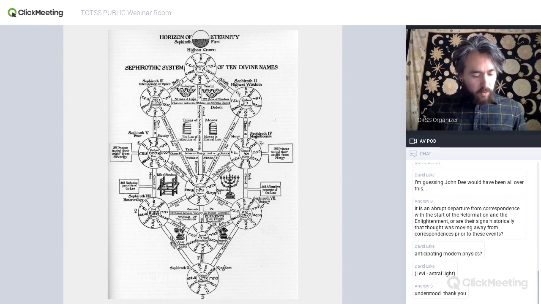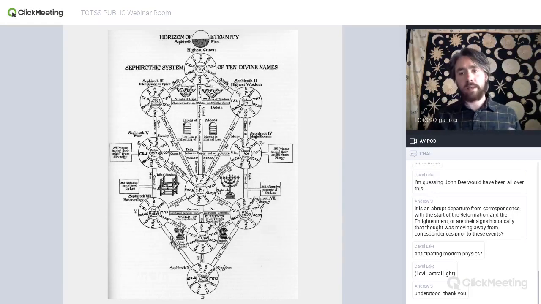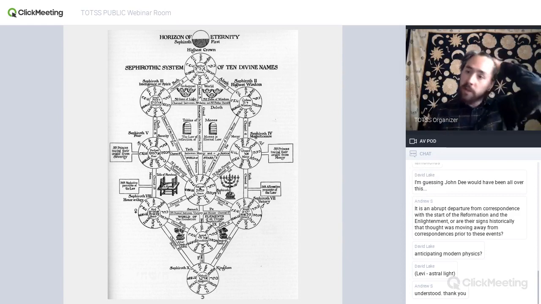Okay, so now we'll talk a little bit about the tarot attributions. Again, like I was saying, in the early development of the esoteric interpretation of the tarot, the idea emerges that the 22 major arcana, the 22 trumps, should correspond with the 22 letters of the Hebrew alphabet. At first it's just mentioned that this is the case, but there's not a specific set of attributions spelled out.